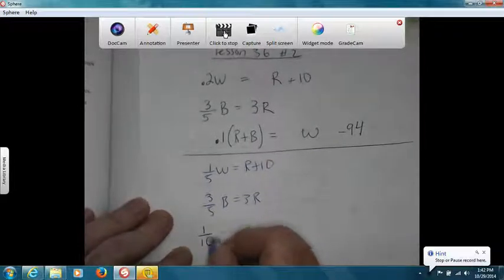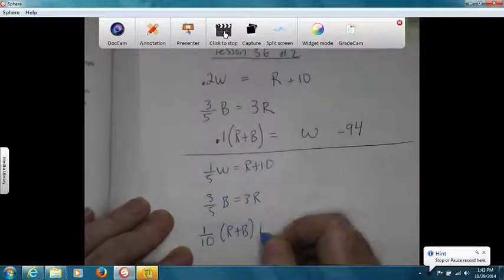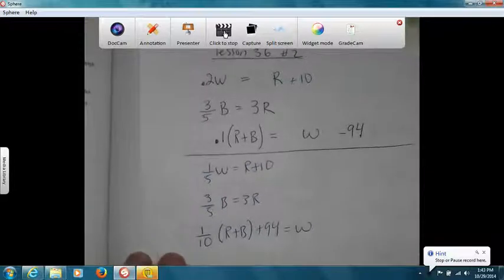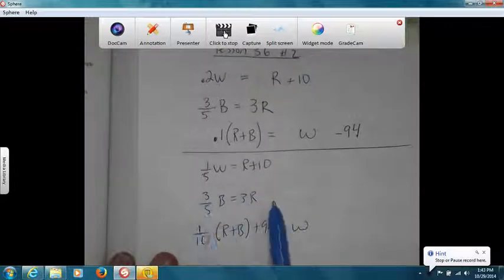Yeah, 1/10 (R plus B) plus 94 equals W. And then we just get to decide what we want to plug in for what, and do some systems of equations. Do we want to clear the fractions out by multiplying everything by 5 here and here, and 10 here, or not?